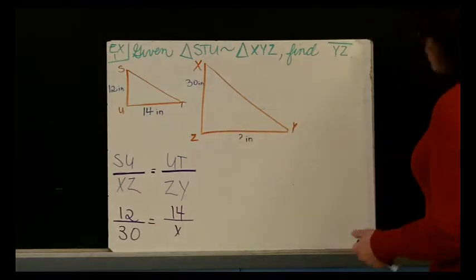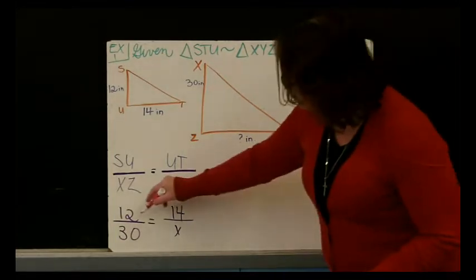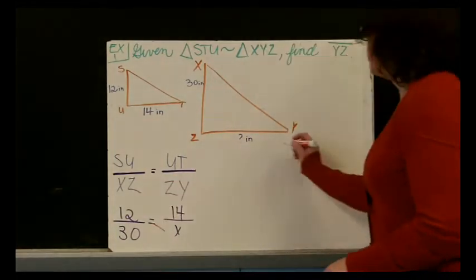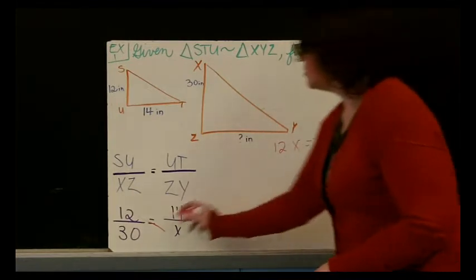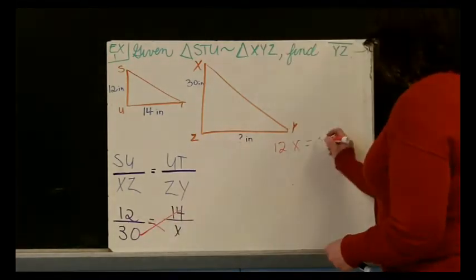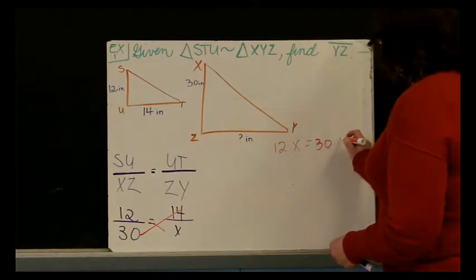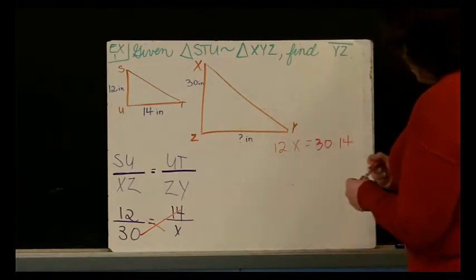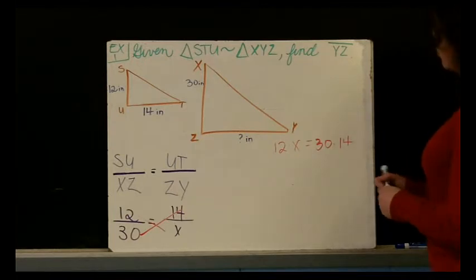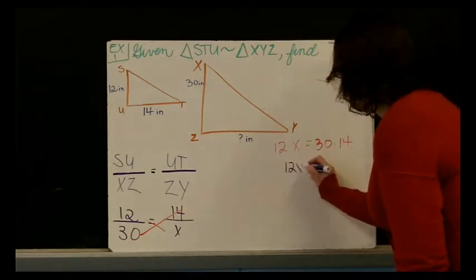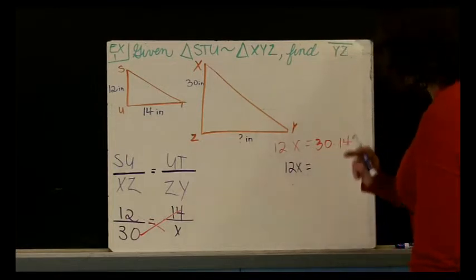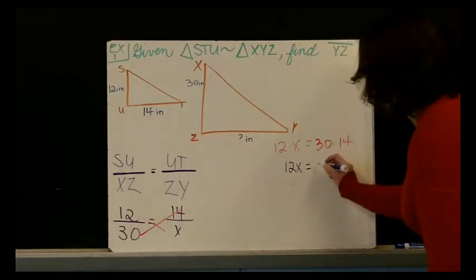Going on with our steps, our next step is to cross-multiply. That means we'll have 12 times X equals 30 times 14. After we write out what we have to multiply, we will simplify. 12 times X is 12X. 30 times 14, well, that's 420.